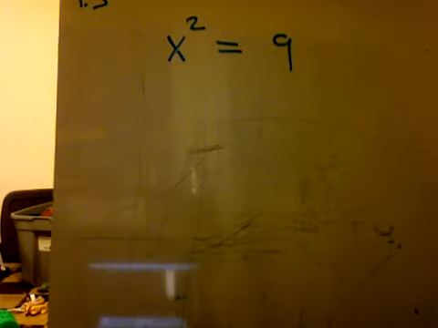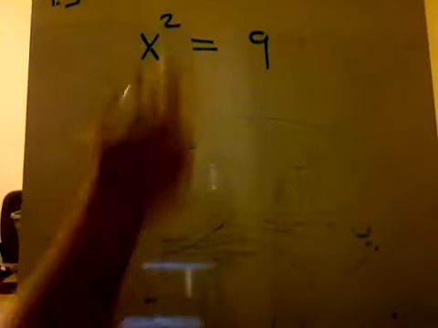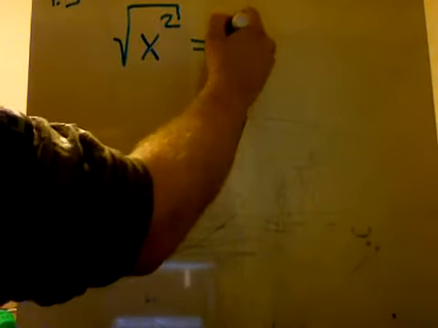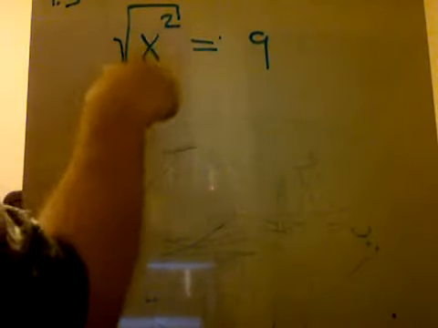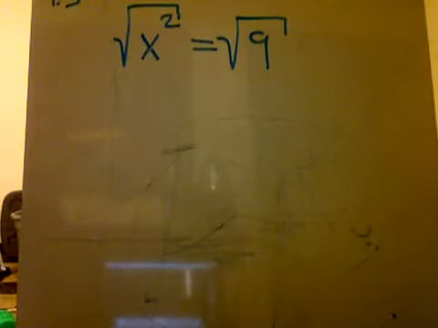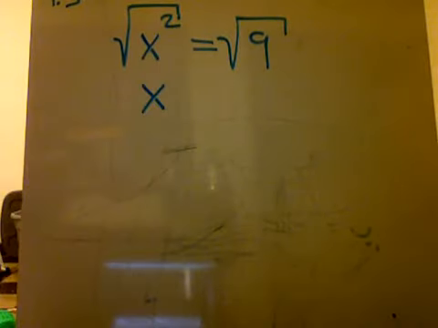Well, whatever I do to one side of the equation, as long as I do it to the other side of the equation, I'm not breaking any rules. Okay? So if I take the square root of x squared, so I'm taking the square root of one side of the equation, I have to take the square root of the other side of the equation. Okay? So the square root of x squared would just be x.